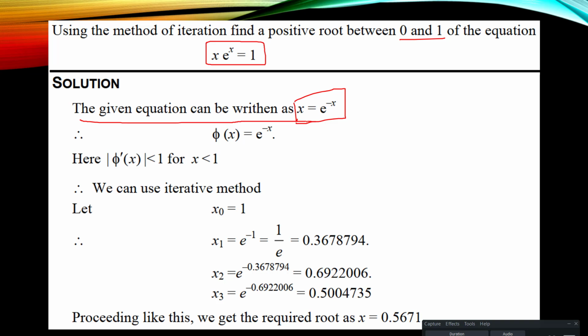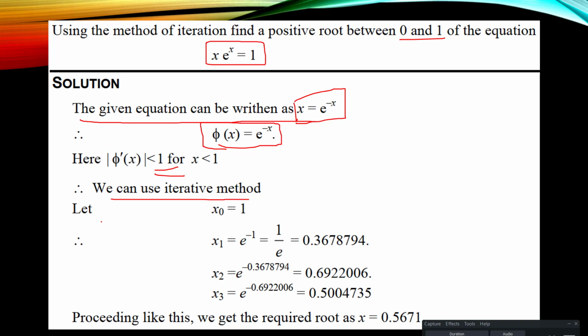So we have the function phi of x equal to e raised to minus x. Its derivative in modulus will be 1 by e power x. So when x is 1, 1 by e will be less than 1. So this condition is satisfied, and we can now use the iterative method.